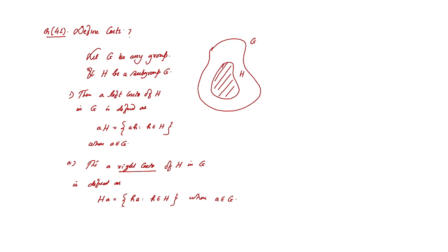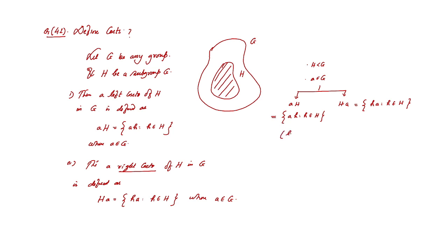So here actually we define two cosets with respect to an element a belongs to G. One is aH, where H is a subgroup of G, and we define Ha. In aH, we just multiply by a from the left side, so ah where h belongs to H. And in Ha, we just multiply h by a from the right side.